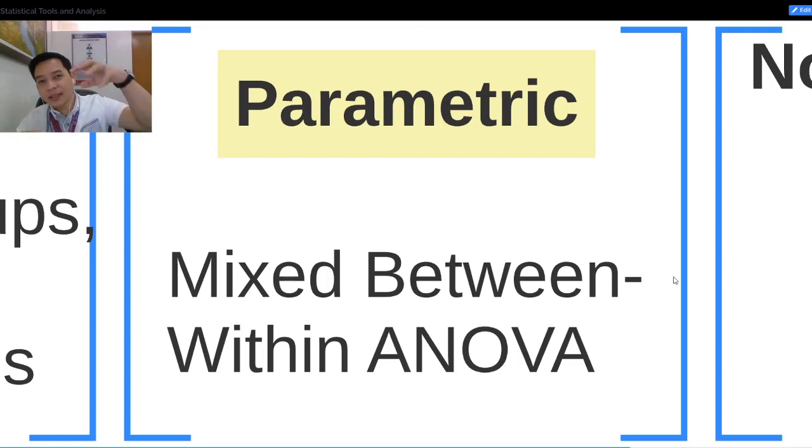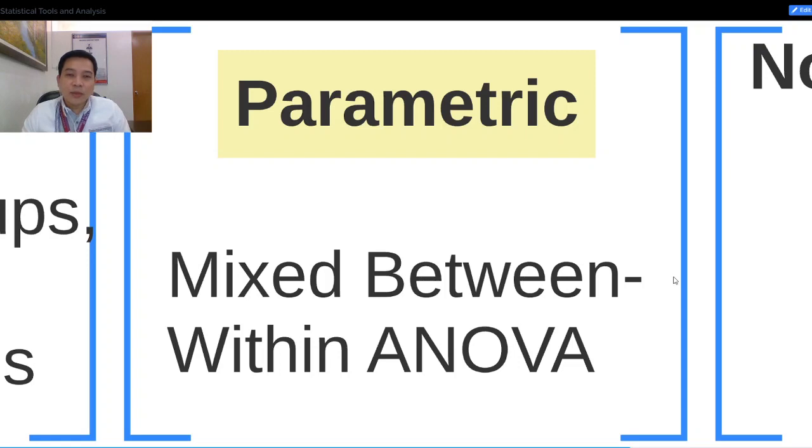So when you combine repeated measures ANOVA, which consists of several times, with one-way ANOVA or one-factor ANOVA, which consists of several groups, you have what you call the mixed between-within ANOVA. It has several groups and several times but one test. That's why you call it mixed between-within. Between groups and within number of times, you try to analyze the test.